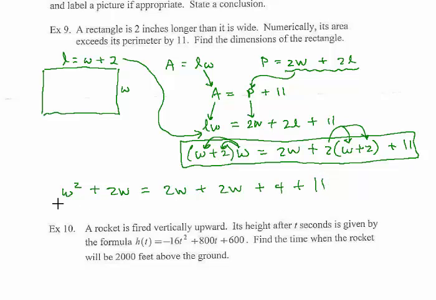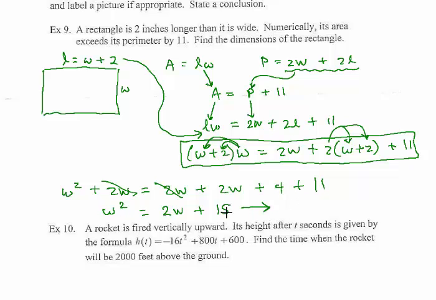And so first thing you probably notice is that there's a 2w on both sides of the equation. I'll just go ahead and strike those out. And so we get a w squared on the left. We have a 2w, a second one on the right. And 4 plus 11 is a 15.